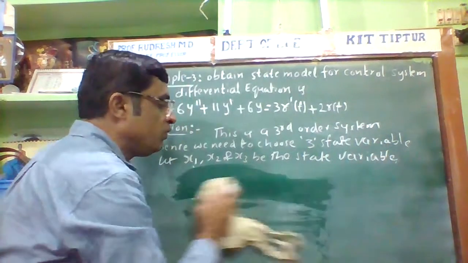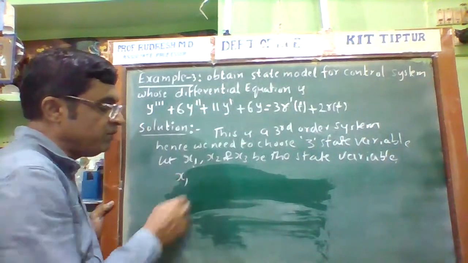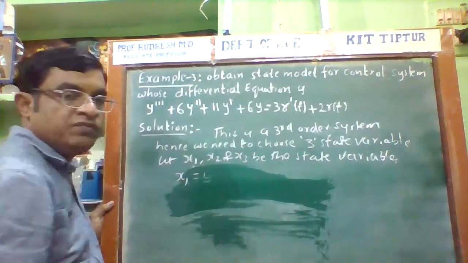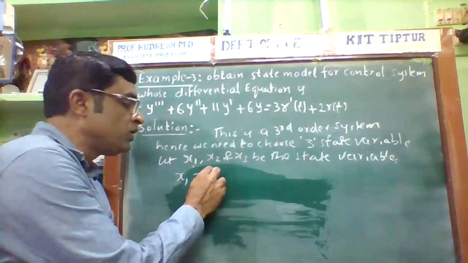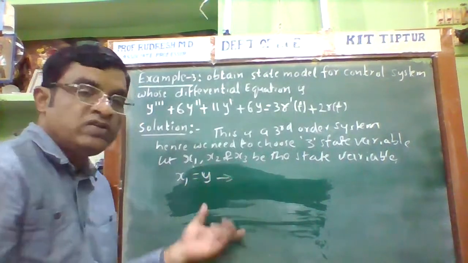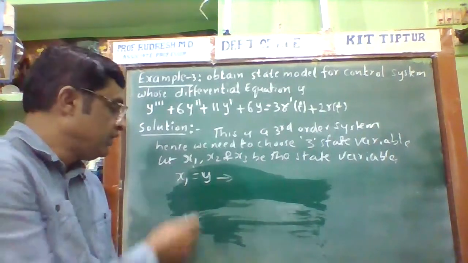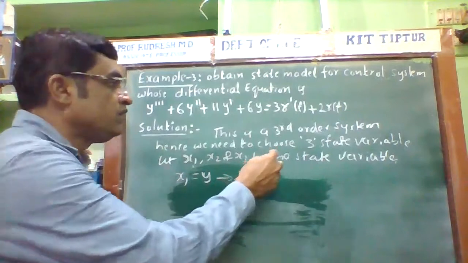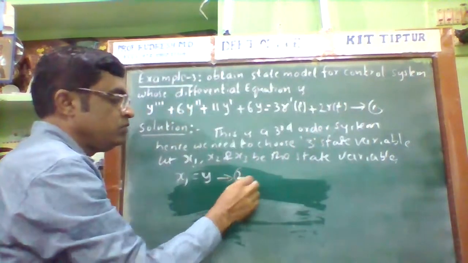Now we need to assume the value of x1. What is the value of the first state variable? I know that the value of the first state variable is equal to the output of the system. y is the output of the state model. Therefore, this is called equation 1. Now this is equation 2.